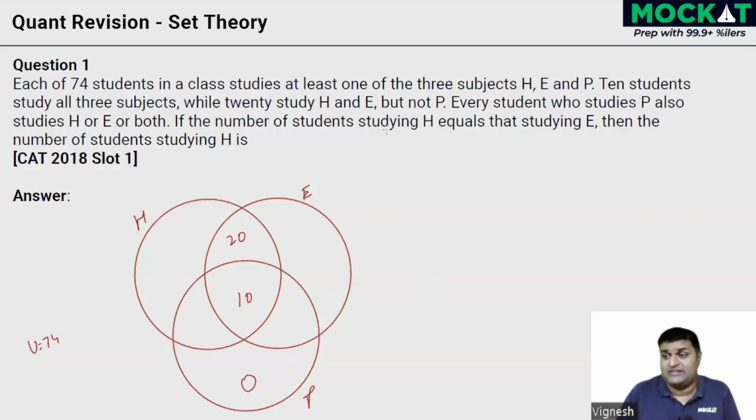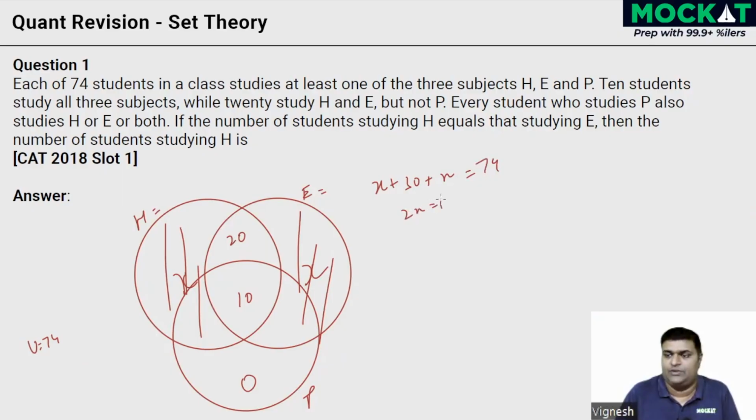If the number of students studying H equals that studying E, the H circle is equal to the E circle. Common is this. That means the uncommon part should be equal. So let's call this entire uncommon part X. Then X plus 30 plus X equals 74.